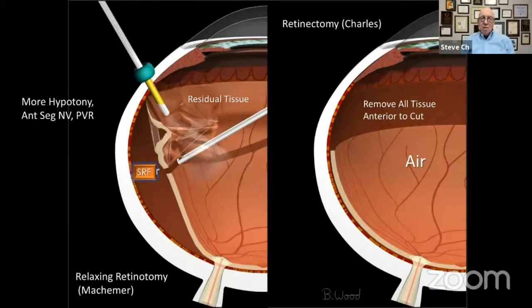I polled my fellows via email, and on average, I have a hypotony case every fourth or fifth year. And yet it was 22% of the Silicone Oil Study. Why? People do excessive retinopexy for one, for two, they do excessive buckling, and for three, they do the Machemer method and leave all the tissue anterior to the cut.